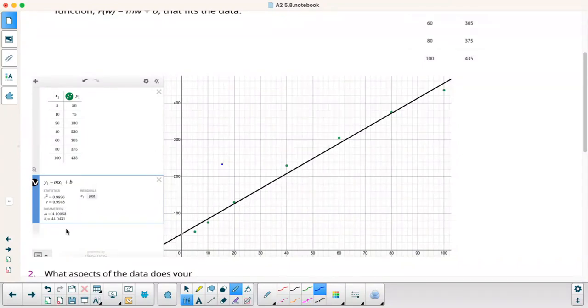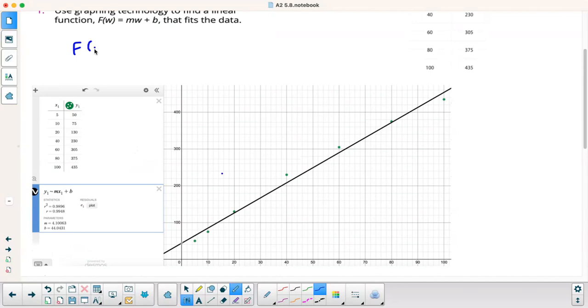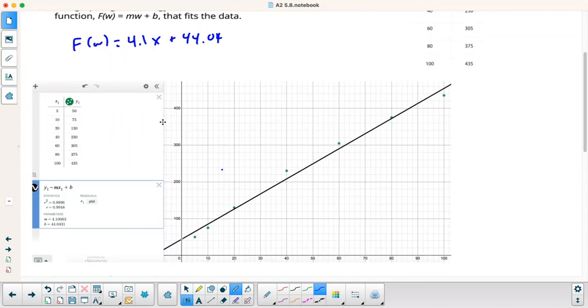Okay, and it gives me the numbers right there in my function. So it's going to be, okay, let's write it here, f of w. So m would be 4.1, x plus b would be 44.04. Okay, so there's my linear function that's best fit.